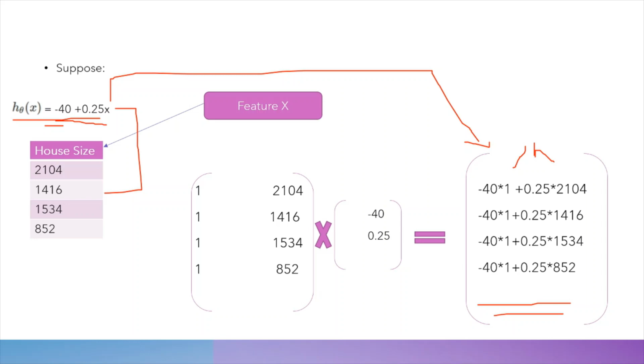Okay, now this one I'm going to represent as x naught, and this is our feature x1, and this is our theta. Okay, and this will now represent our hypothesis.